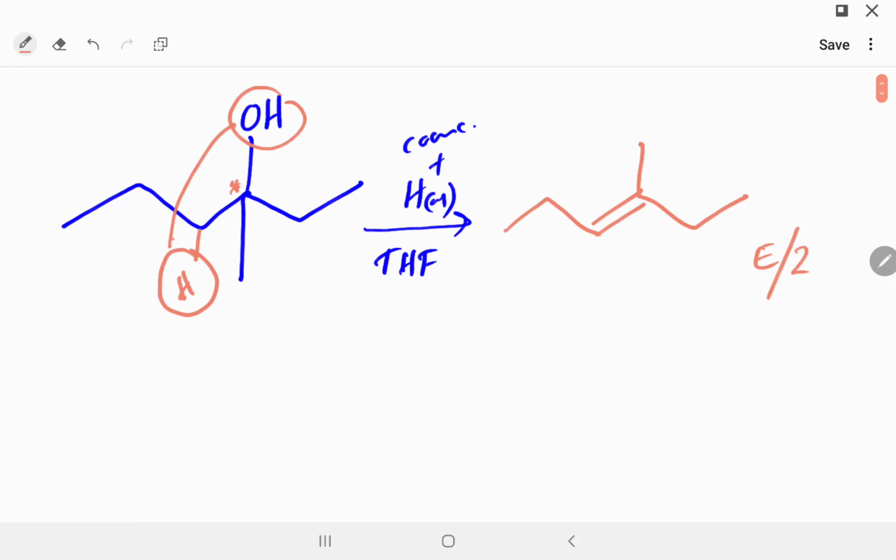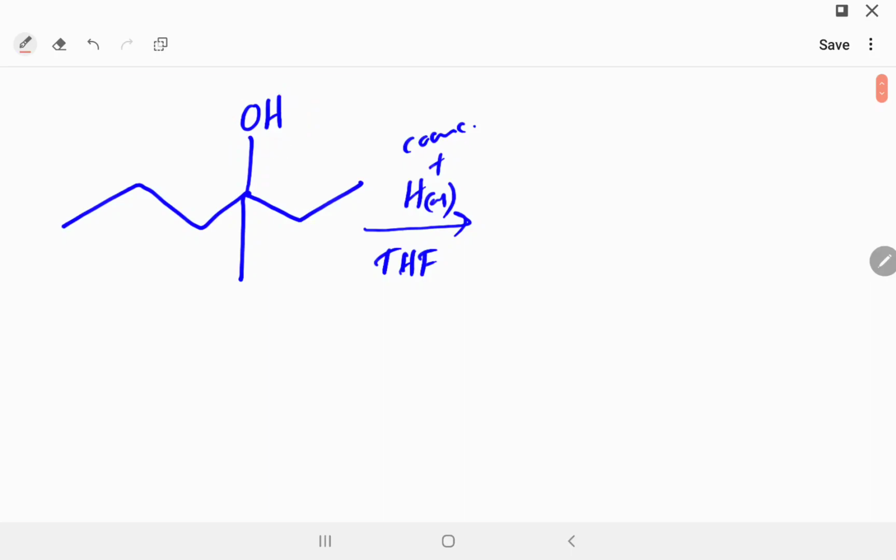Let's see if we have any other possibilities. Honestly, those 4 products are the more common products. I would say 99.9% of the time you will see one of those 4 products.